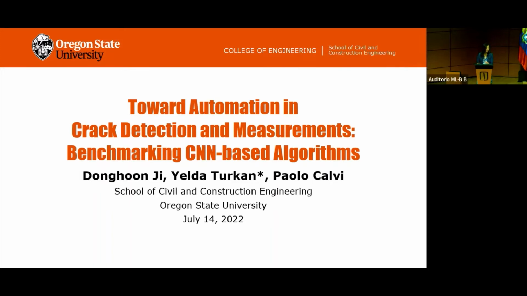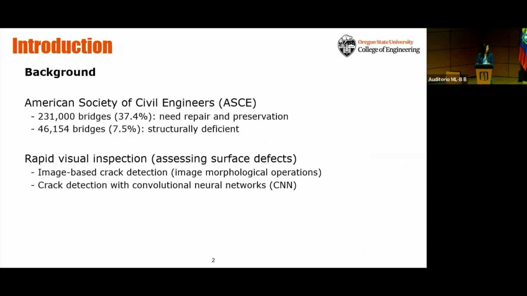This presentation is not exactly about construction, engineering, or management. We are using image-based crack detection and measurement to automatically identify cracks from images so that the structural engineers can later use this to assess the condition of the structure.